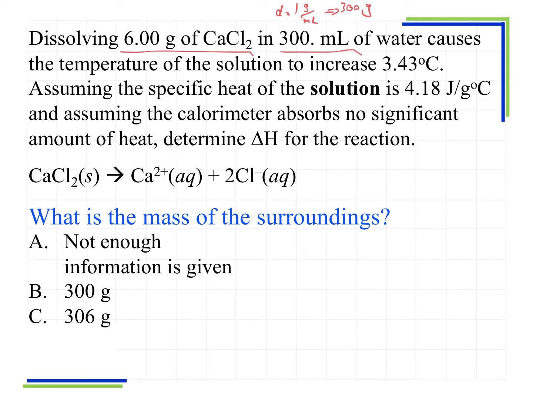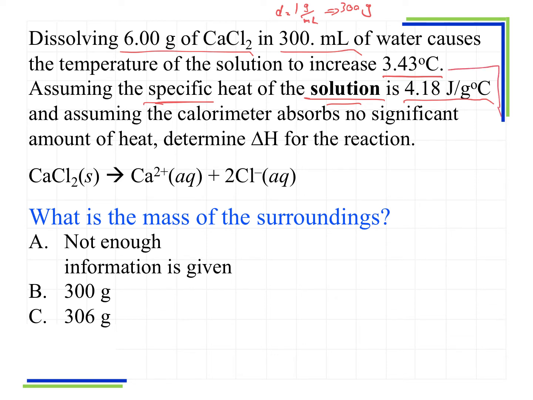This causes the temperature of the solution to increase by 3.43. Okay, so you have your solution, it has an increase in temperature, so it gives you the delta T directly. With this amount, assuming the specific heat of the solution is 4.18 joule per gram per degree Celsius.